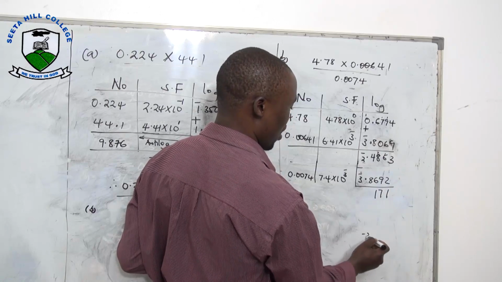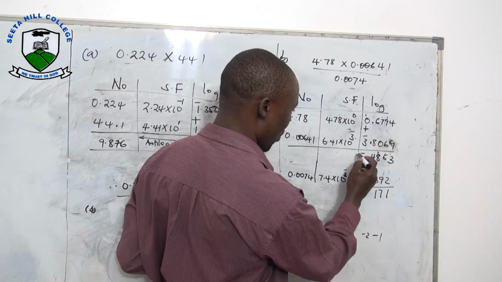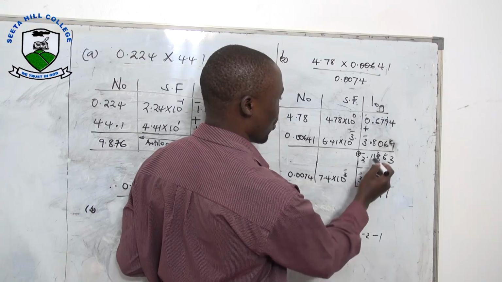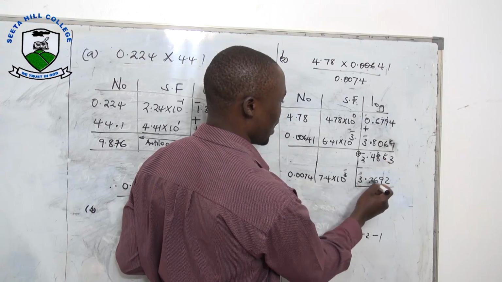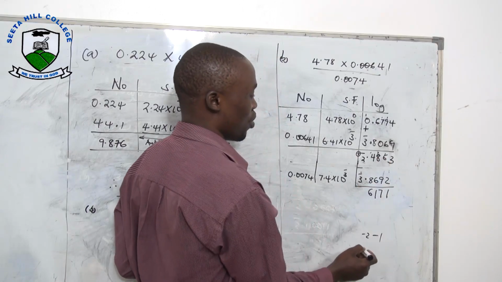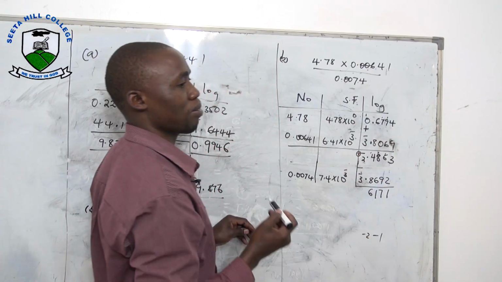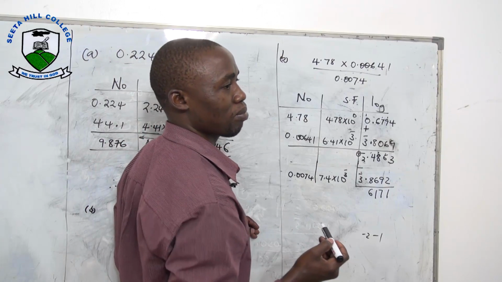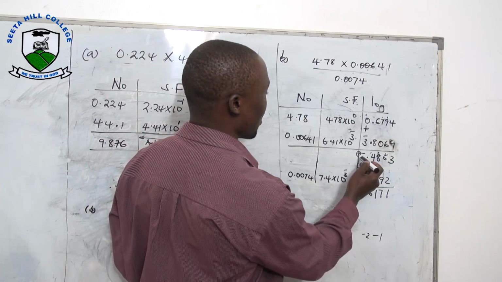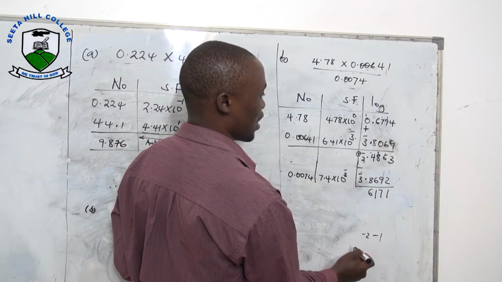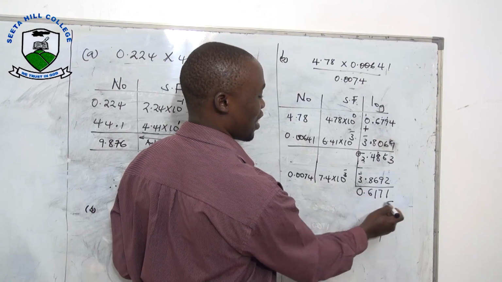Remove 1. Here we are remaining with what? So this is 14 minus 8. 6. Not so. Negative 3 minus minus. See.